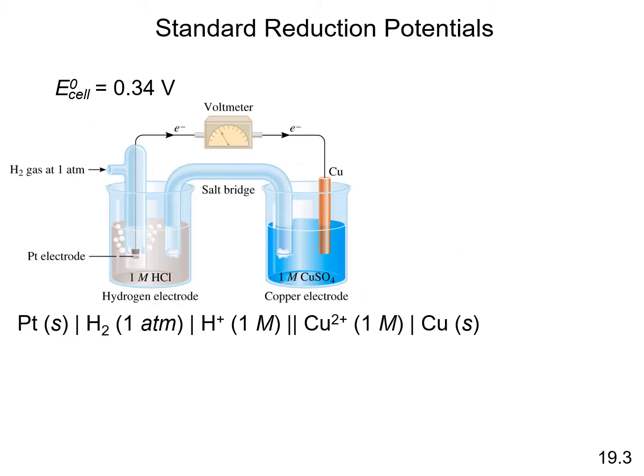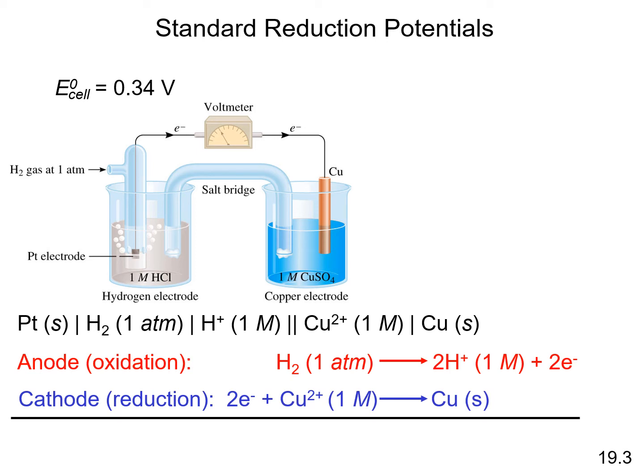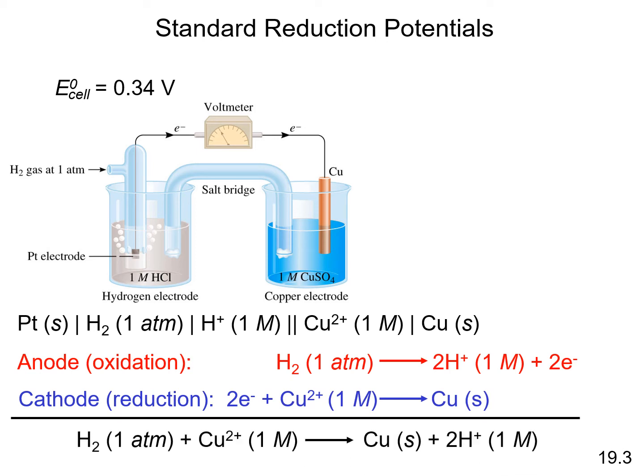Another example is the reduction potential for your copper. If you notice here, the hydrogen now is at the anode, okay, and the copper is our cathode. So again, we still get the difference, the same process.